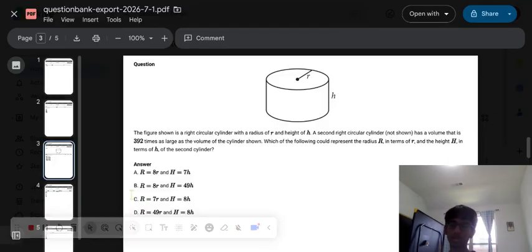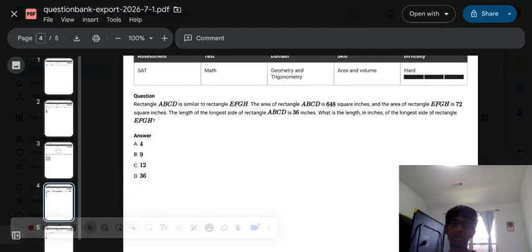Moving on to our next question, we have rectangle ABCD is similar to rectangle EFGH. The area of rectangle ABCD is 648 square inches, and the area of rectangle EFGH is 72 square inches. The length of the longest side of rectangle ABCD is 36 inches. What is the length in inches of the longest side of rectangle EFGH?